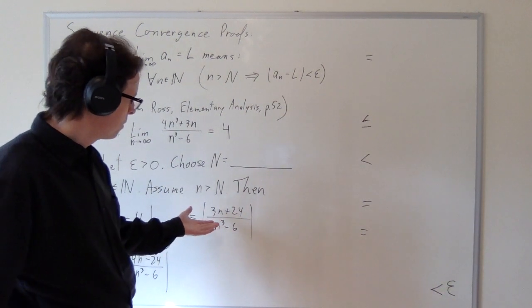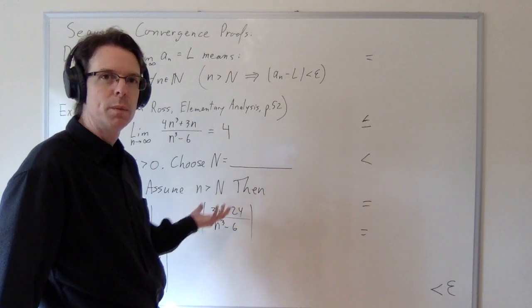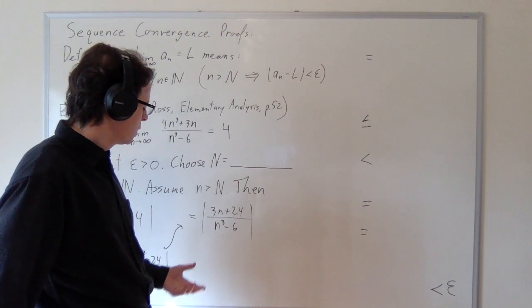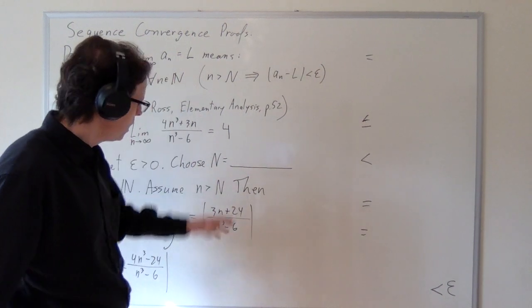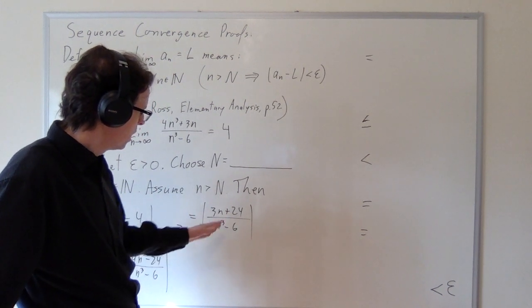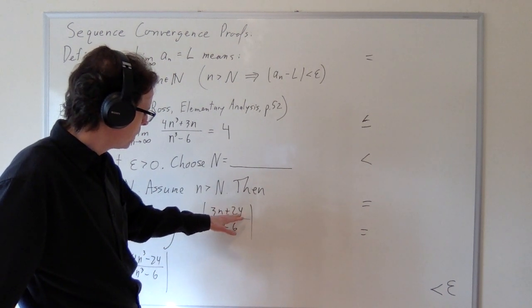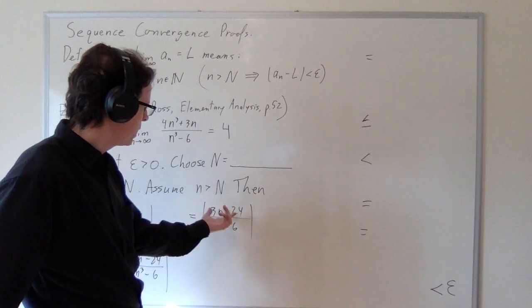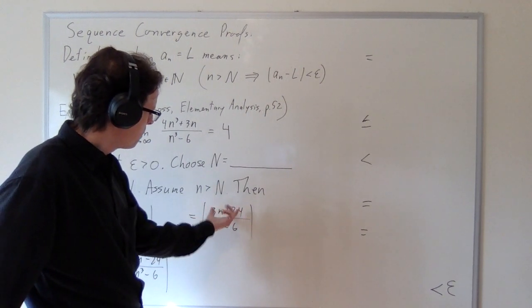And so it's going to start to feel a little bit stuck if we just continue doing algebra with equalities. So we need to do something else. The annoying thing here is I would like to cancel terms and simplify this, but these terms don't cancel as they are. This 24 is kind of annoying.